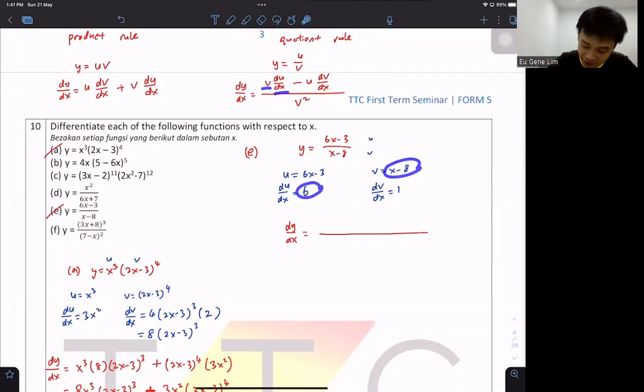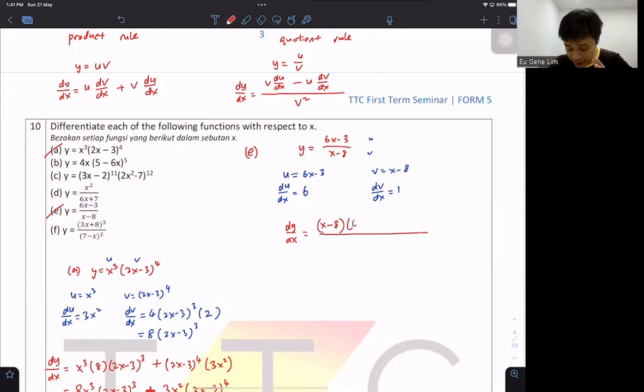Use bracket, like this. Minus u dv dx. u is 6x minus 3, dv dx is 1. Over v squared. v is x minus 8, squared.